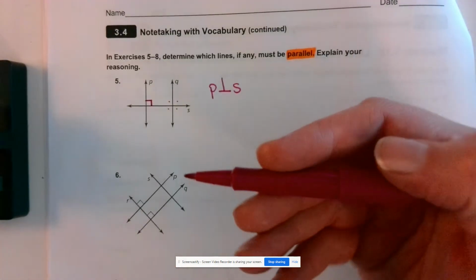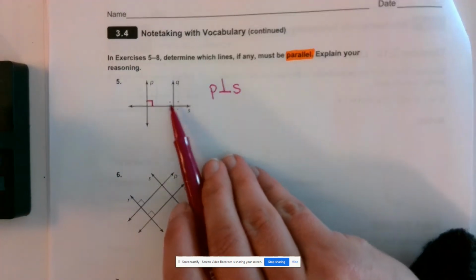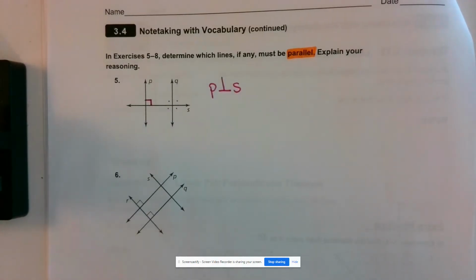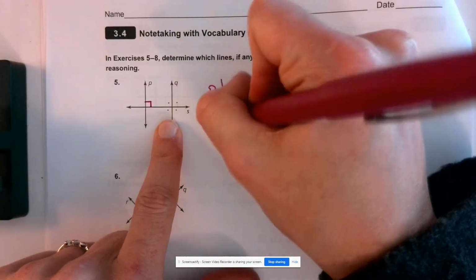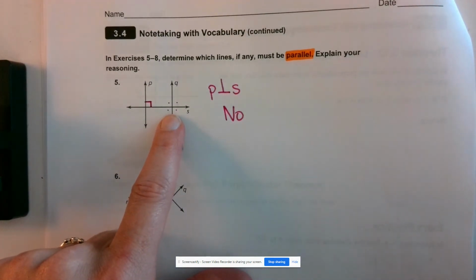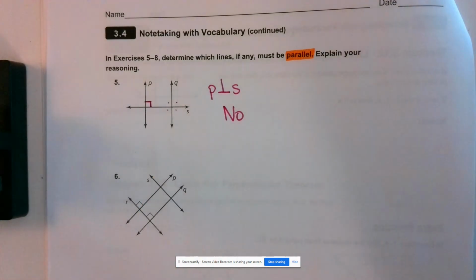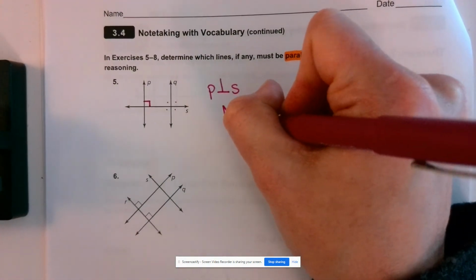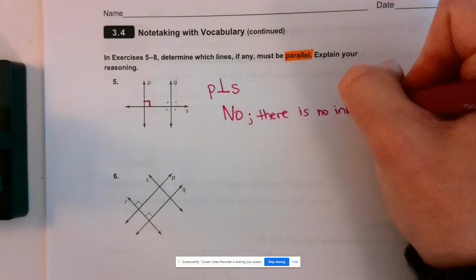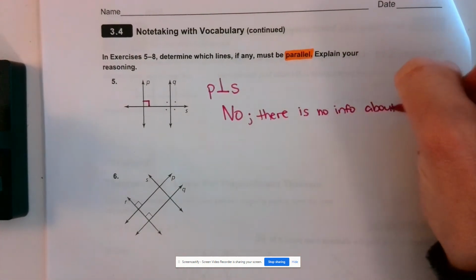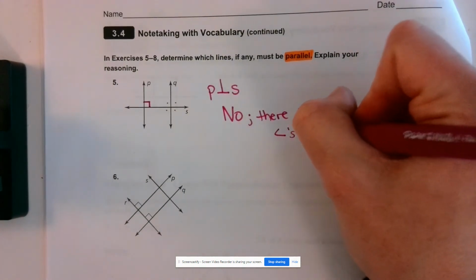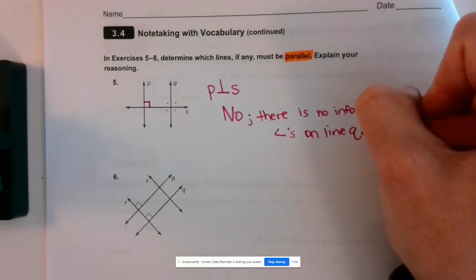So unfortunately, I can't use any of these angles with this right angle to determine if P is parallel to Q. So I actually don't have enough information because I don't have any information about any of the angles on line Q. So I'm just going to say no, there is no info about the angles on line Q.